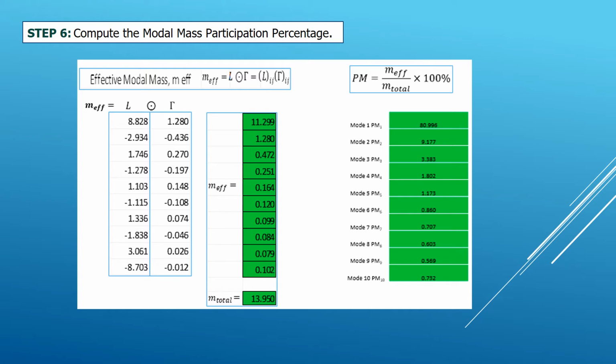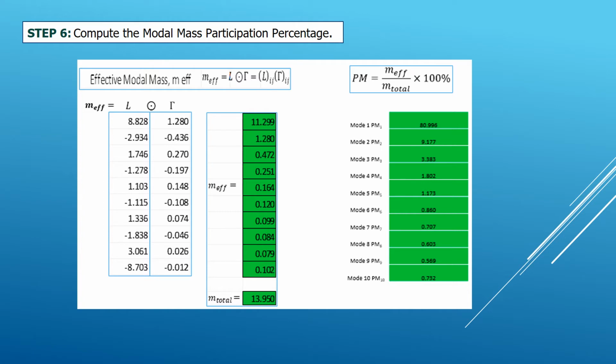So, makukuha na natin si modal mass participation percentage since meron na tayong value ni effective modal mass at total mass. With this formula, using Excel, ito na yung result ng modal mass participation percentage of every mode.